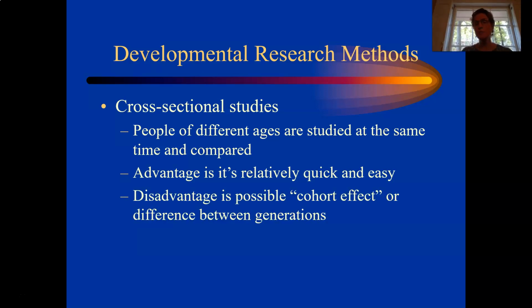The disadvantage is you might get what's called a cohort effect. This is where you see differences between generations. If you talk to your grandparents, maybe they lived through the Depression, and that really changed how they did things and thought about things the rest of their life.